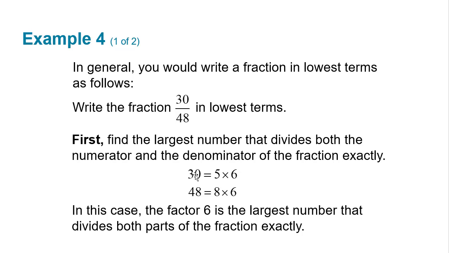You would do a factor tree, and you would get it listed down as all of its prime numbers. And then once you do that, you can eliminate what they have in common, and whatever's left over is going to be your reduced fraction.